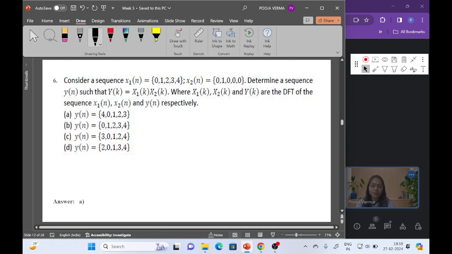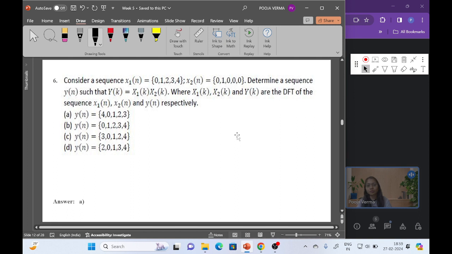We have already seen the circular convolution property: if two sequences are circularly convolved, then in the frequency domain it is the multiplication of the two signals.